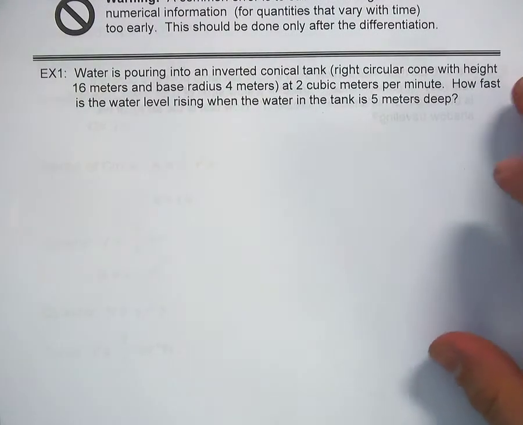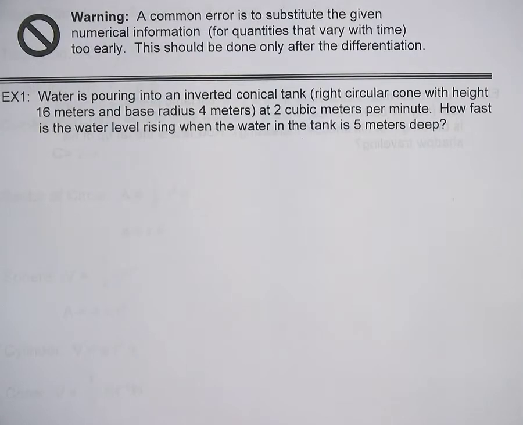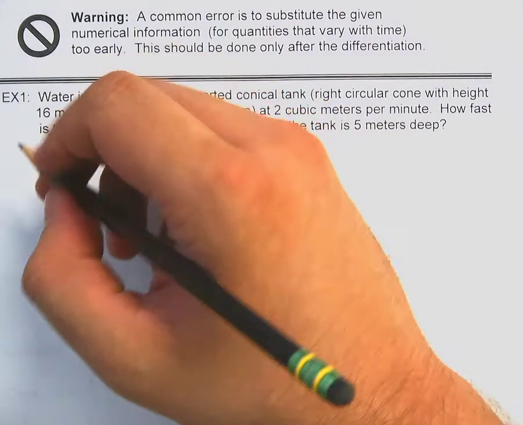Example number 1, water is pouring into an inverted conical tank. That's a right circular cone with a height of 16 meters and a base radius of 4 meters. All right, so it gives me a couple things here at 2 cubic meters per minute. Okay, so the first thing I want to do is I'm going to do my diagram. I'm going to draw a diagram.